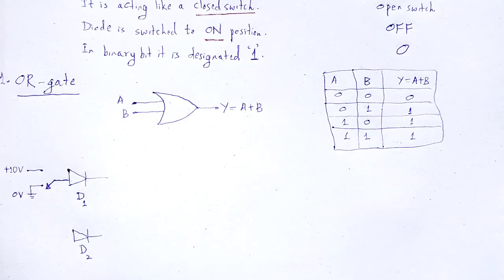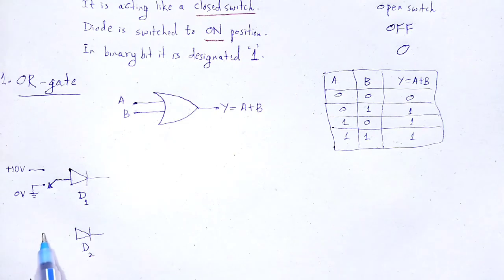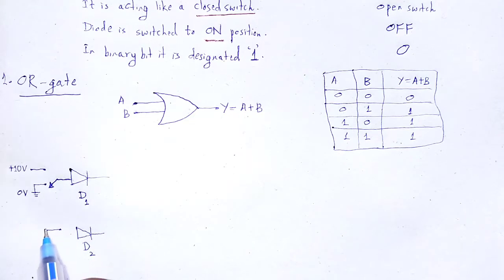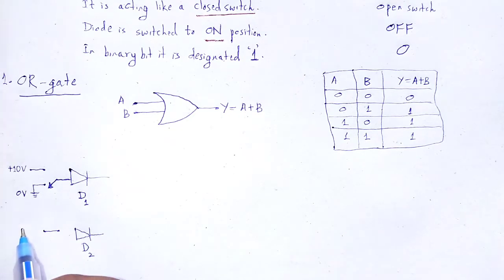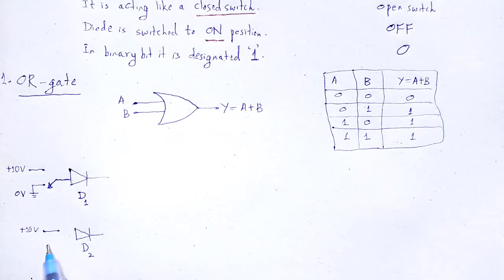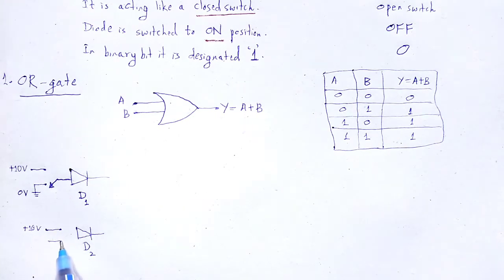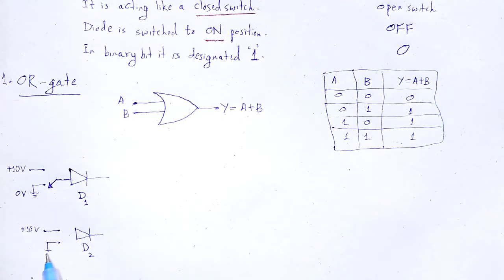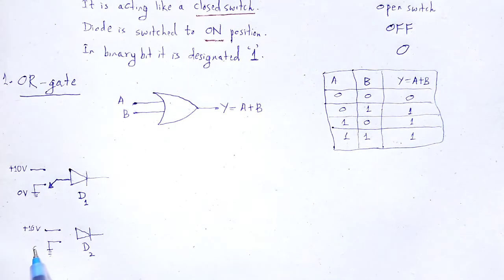Next, for D2, plus 10 volt, and it is grounded as 0 volt.